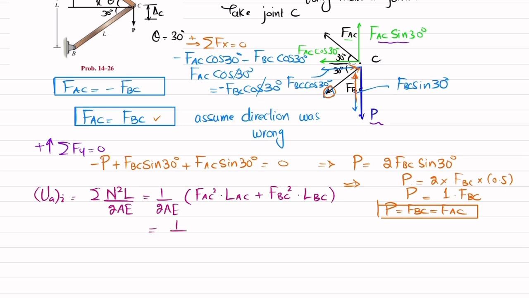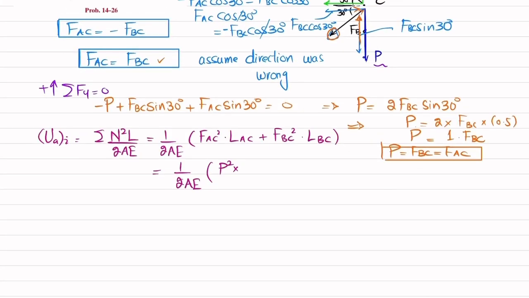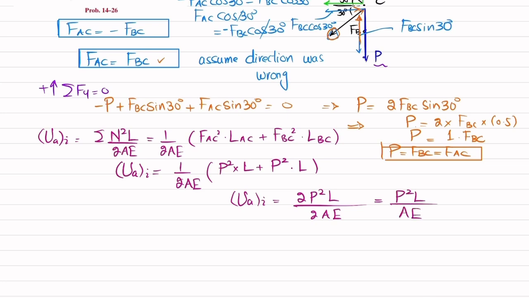So put the value 1 over 2AE, FAC is equal to P. So P square multiplied by LAC is L, and BC is also L. So P square multiplied by L, and FBC is also P. So P square into L, which is equal to strain energy due to axial loading. So this will become equal to 2P square L divided by 2AE. Clear? So 2 will cancel, and we will get P square L divided by AE.